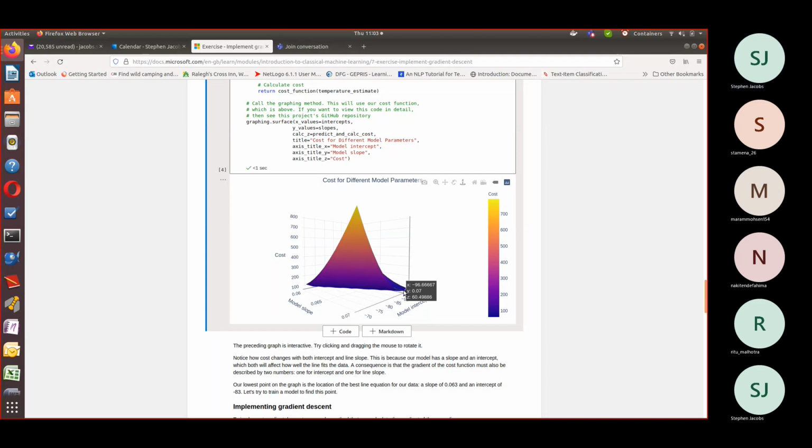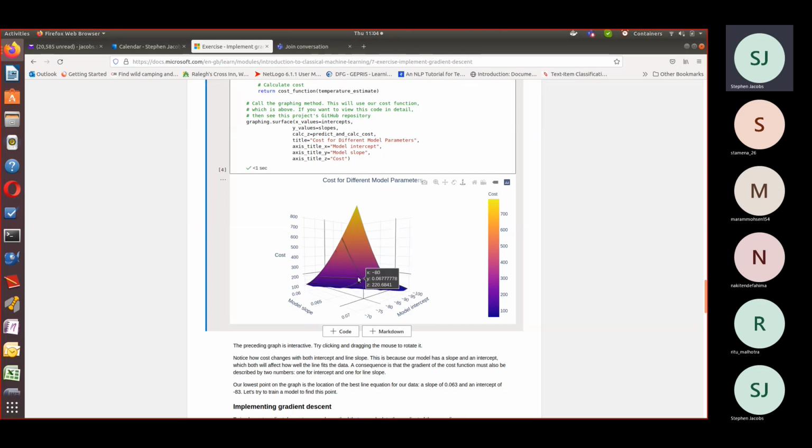So this is interactive. It's a nice plot. Dragging the mouse around, notice how the cost changes with both intercept and line slope. That's because our model has a slope and an intercept, which both affect how well the line fits the data. Consequently, the gradient of the cost function must also be described by two numbers, one for intercept and one for line slope.